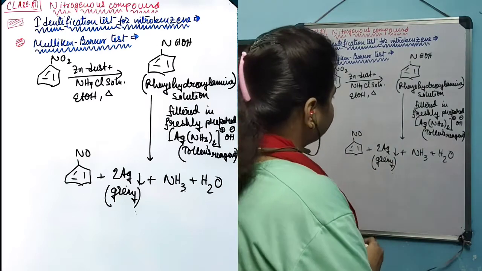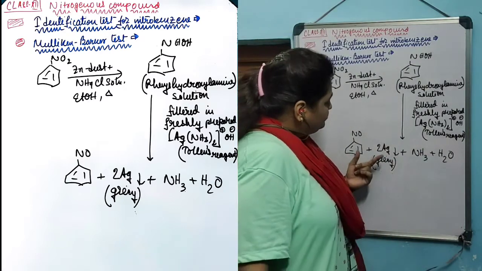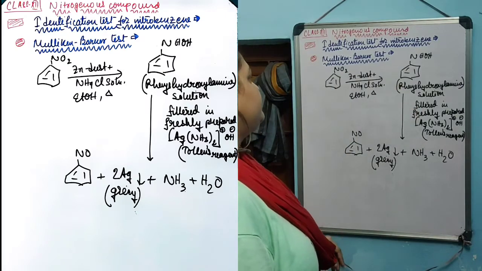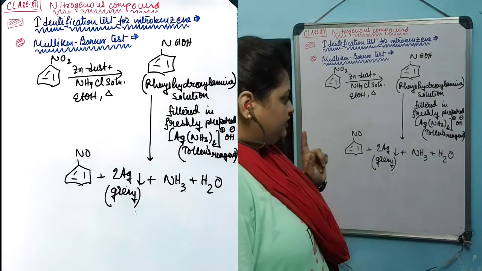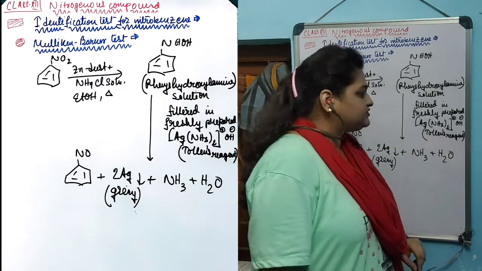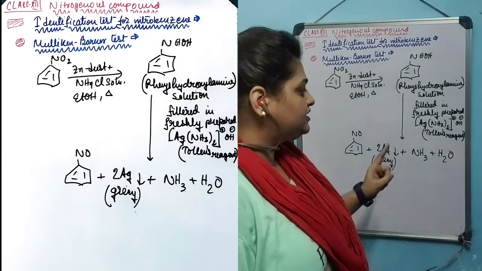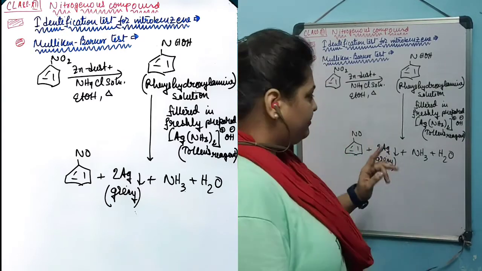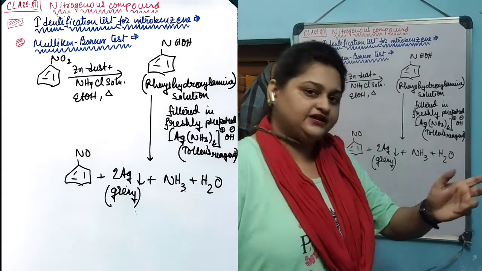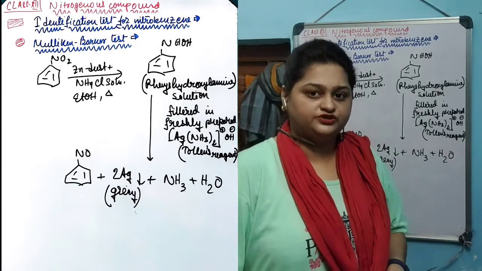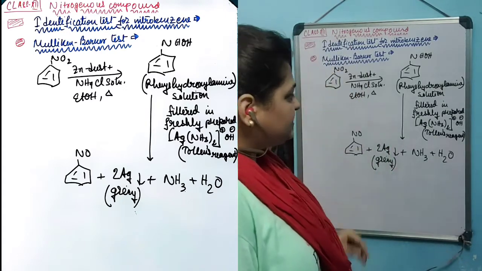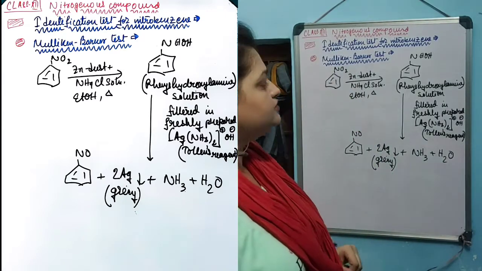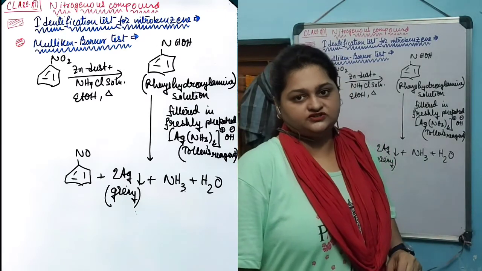This grey precipitate in the solution proves that the initial reagent that we had taken is nitrobenzene. Now, as Tollens reagent is being used in this reaction, if any organic compound contains another reducing functional group apart from nitro, like an aldehyde group, then this test cannot be used to identify the nitro group.